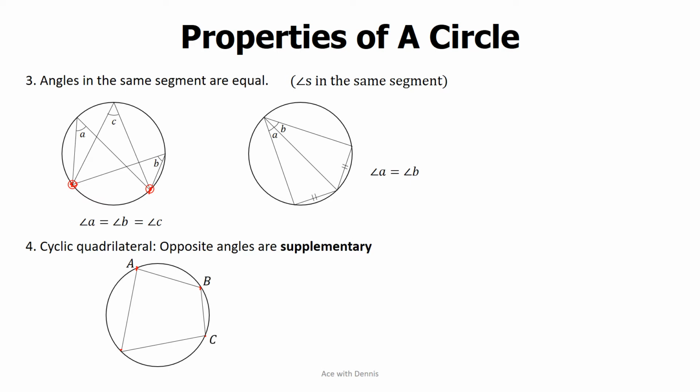So let's label this as A, B, C, and D. If ABCD is a cyclic quadrilateral, then the opposite angles are supplementary. Let's label this angle as A and this angle as C. So angle A plus angle C equals 180 degrees and angle B plus angle D equals 180 degrees.